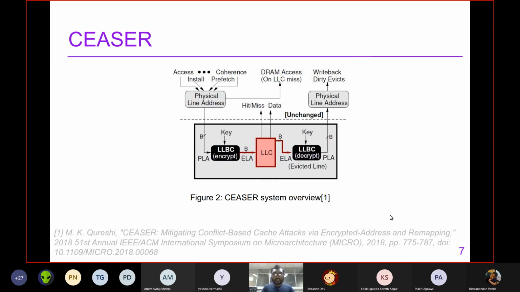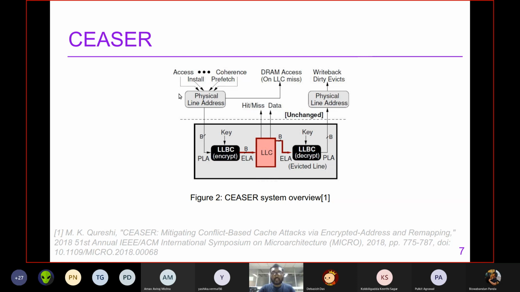So this is the system overview of CEASER. Here the physical line address is converted to an encrypted line address using a low latency block cipher, and the cache is accessed using this encrypted line address. But beyond the LLC domain, everything else is still physical line address.